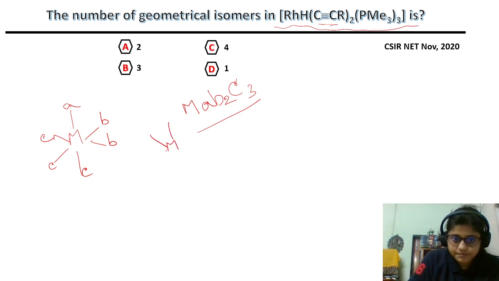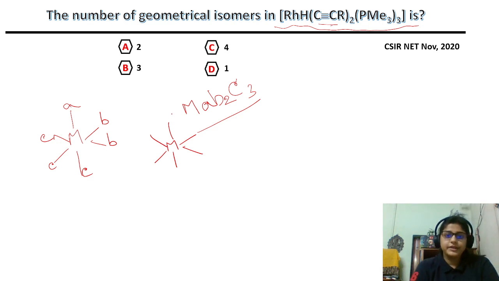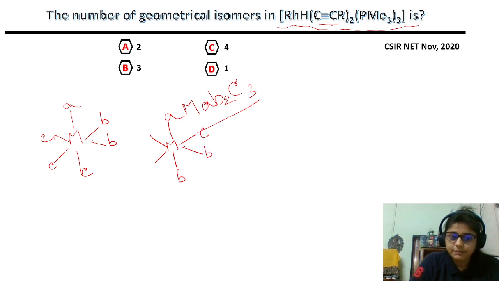Now, if we take the combination, A B is trans. AB can be trans, right? So B is present and one C will be here and C C. One C is trans, one C is cis.